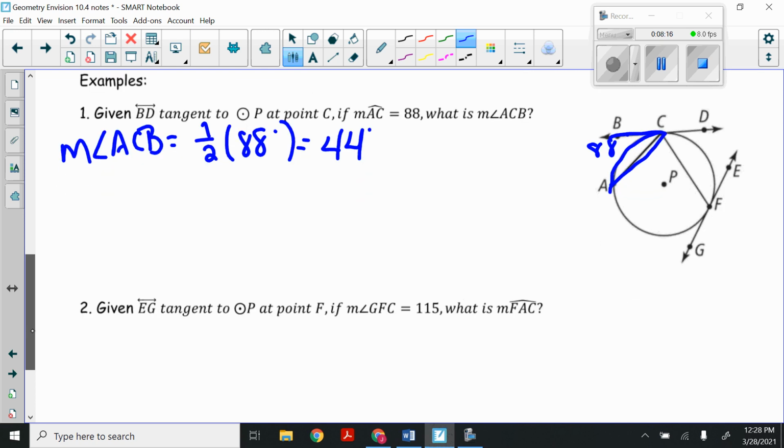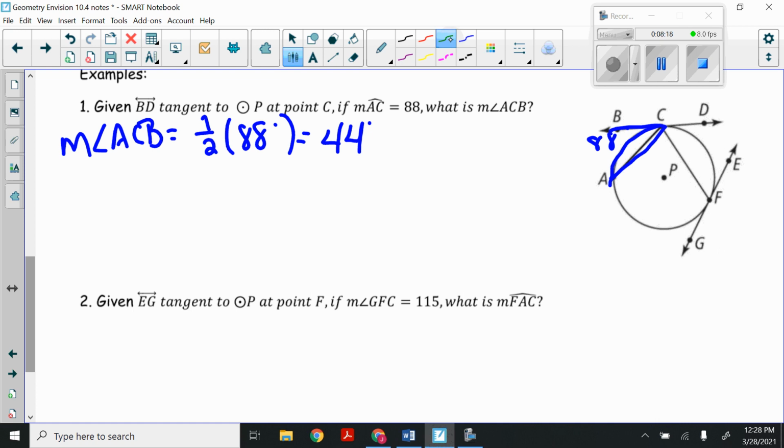So now number 2, using the same circle, given that EG is tangent to circle P at point F, the measure of angle GFC, that angle right there, is 115 degrees. It wants to know the measure of arc FAC, so it wants its intercepted arc.